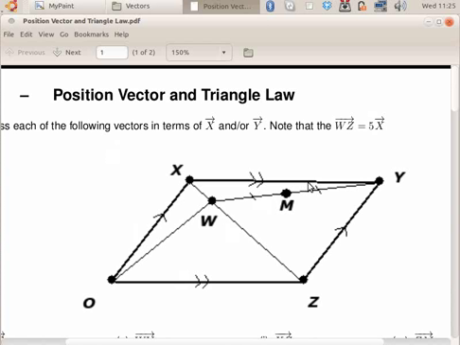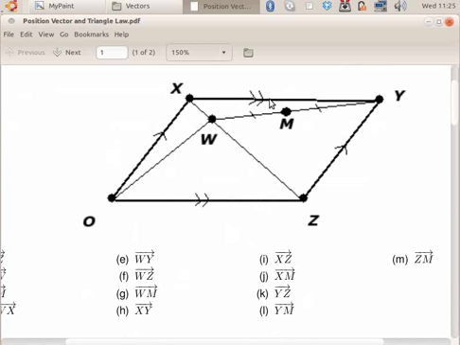What I need you to note is that the distance from, what was I? Ignore that and that right there. Let me get rid of it there. I want you to note that the distance between W and Z is 5 times bigger than the distance from X to W. So this is 5 times the size of this. Okay, so please draw this. I'll do some questions with it now in a minute.